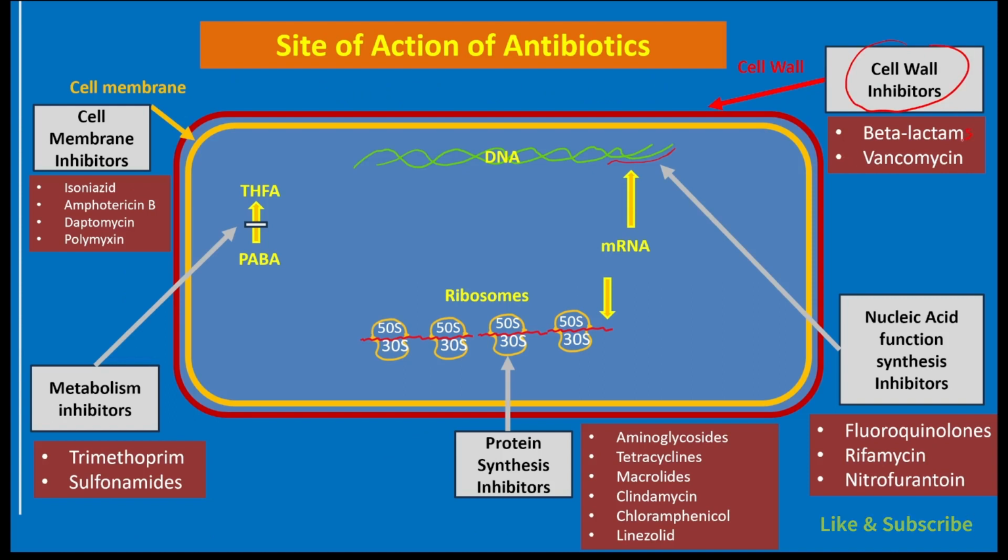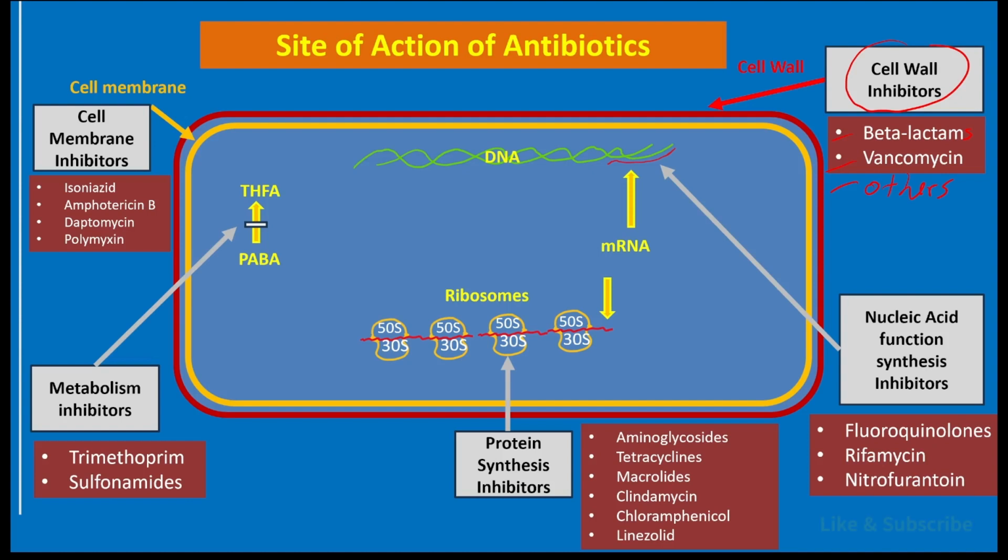We have vancomycin, and we can add others. So we have other groups of medication belonging to the cell wall inhibitors: beta-lactam, the main group, followed by vancomycin. Then we have others such as daptomycin and other medication.